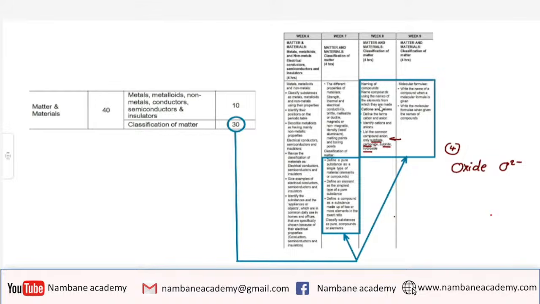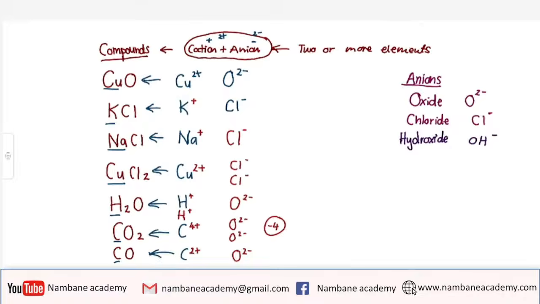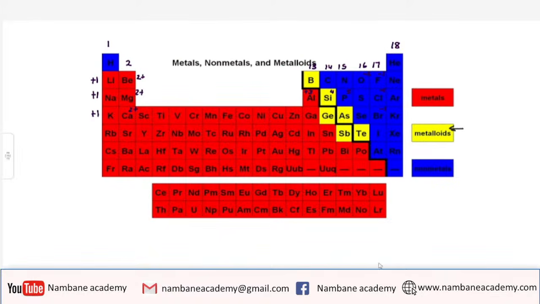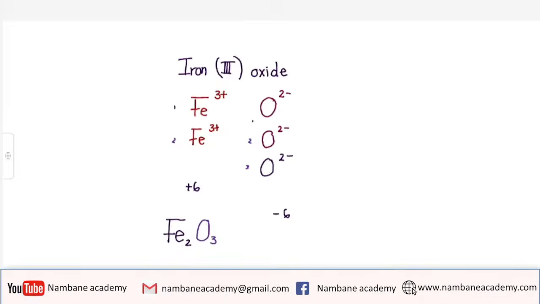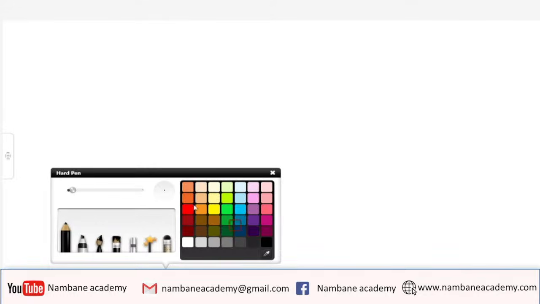Name the compounds using the names of elements which they are made from. So all of those ones, we have done them today, all right? So let me just make another example for you. One similar to the one from the beginning, right?